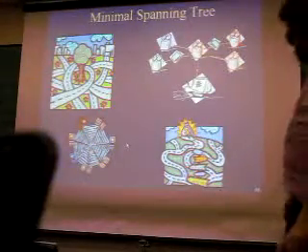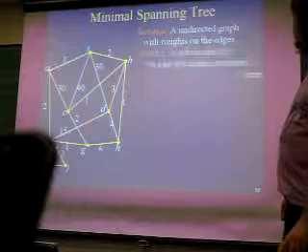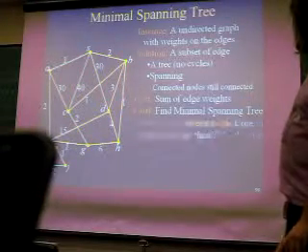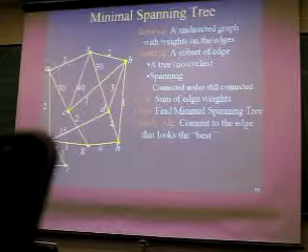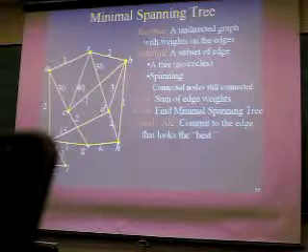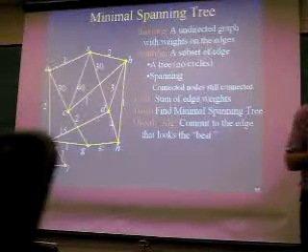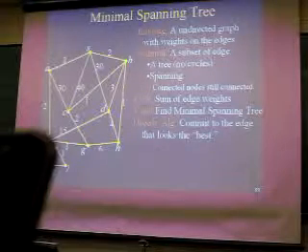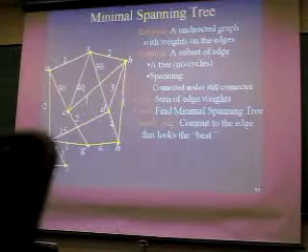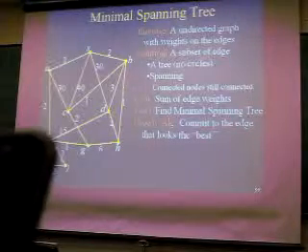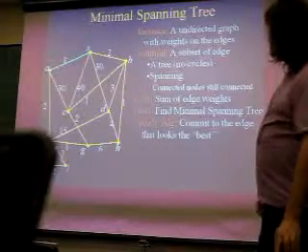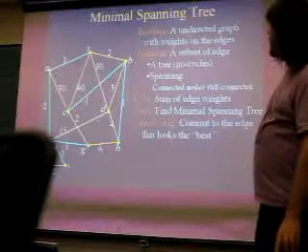Minimal spanning tree. All right, we started this already. The problem was to find a subset of the edges that's a tree that spans the graph, meaning that if you could get between A and B before, you can get there with the edges that you've taken. And the algorithm is just to grab the best edges.